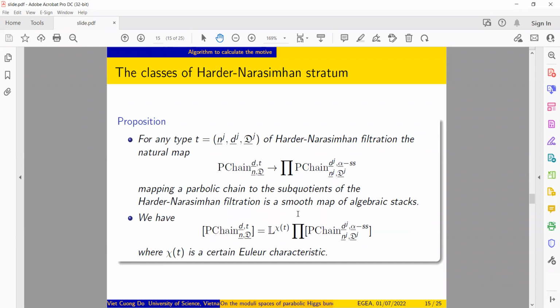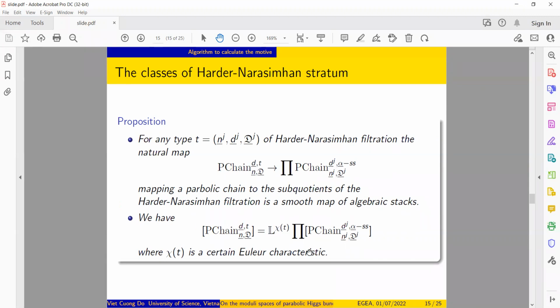We know that it is a smooth map of algebraic stacks, and moreover the fiber is an affine bundle, and we can do some calculation about the dimension.